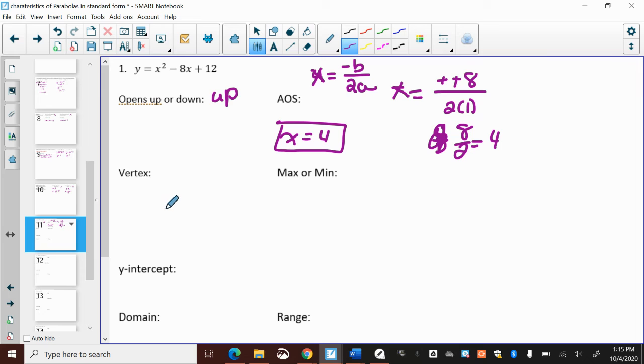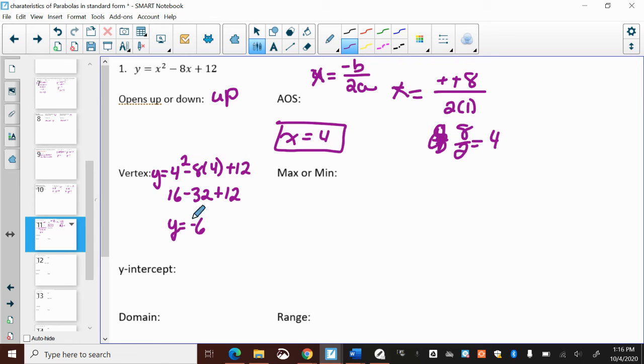Your vertex will come from plugging this x value into the original equation. So y is going to equal 4 squared minus 8 times 4 plus 12. That's 16 minus 32 plus 12, which winds up being y is equal to -6.